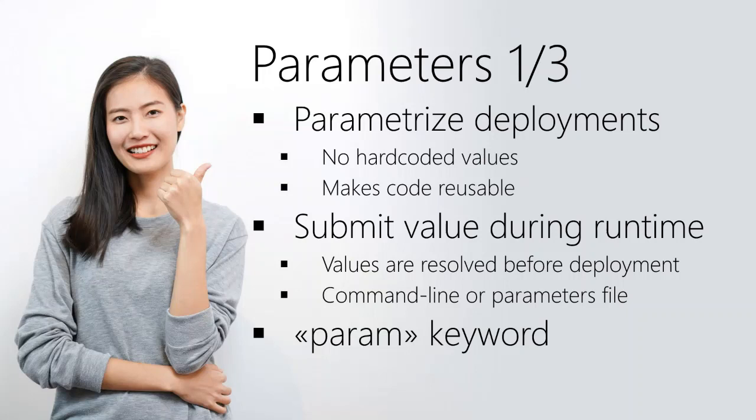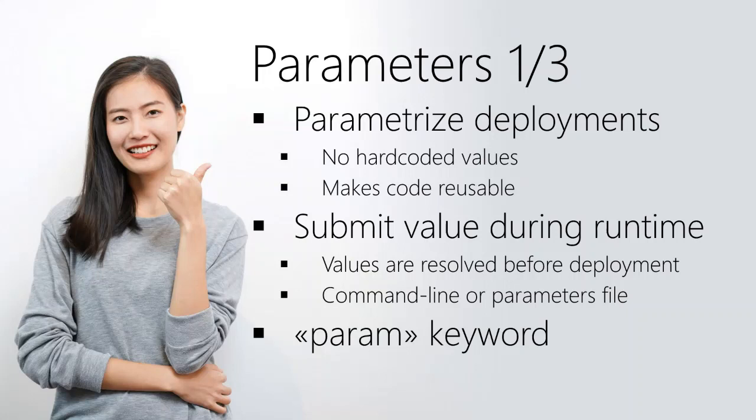And parameters are resolved before, or let's say during deployment. So whenever we start a deployment, we are asked to submit values for our defined parameters, saying, all right, now I need a name for your storage account or for your SQL database and so on. Please submit a value now.